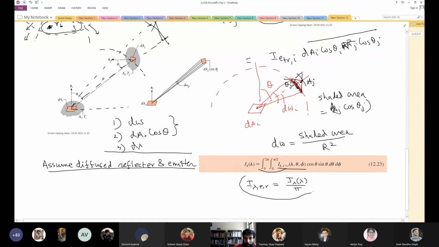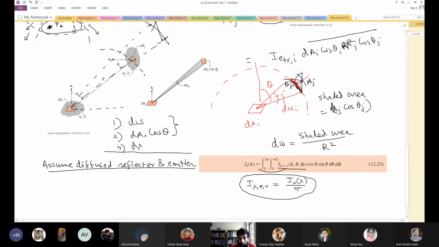This is what we'll replace here, because J is something for which we have the values. It is integrated over theta and phi, and can also be integrated over lambda. The overall integrated quantity we'll use in terms of our view factor.